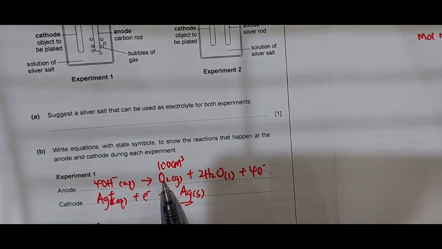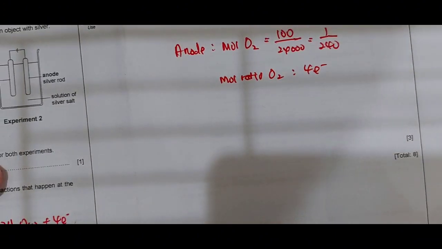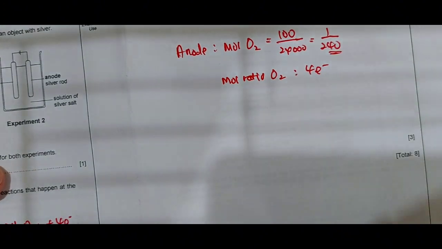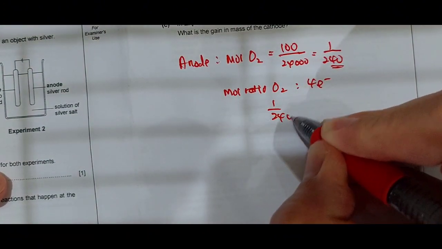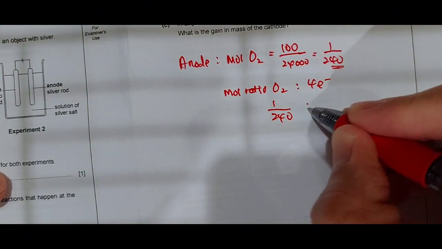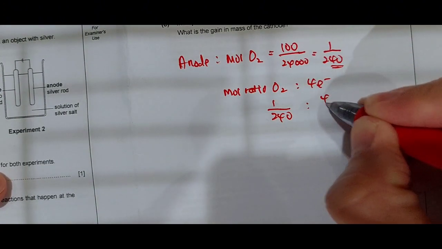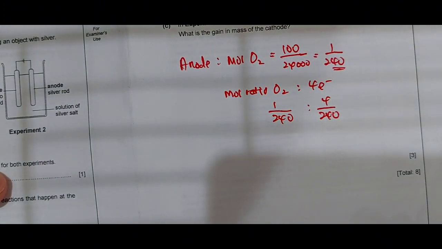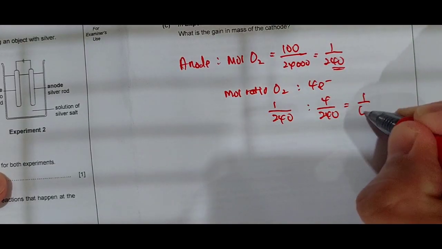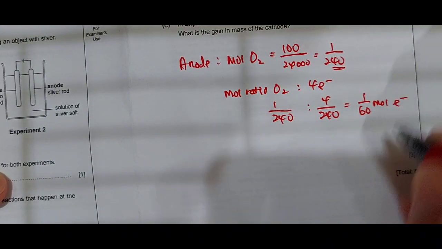The mole ratio is 1 mole to 4 mole of electron. So in order to produce 1/240 mole of oxygen, you would need 4 times that number of mole of electron, which is 1/60 mole of electron.